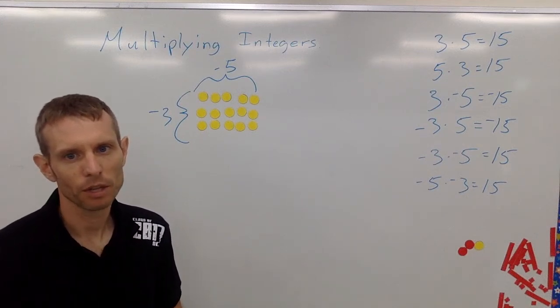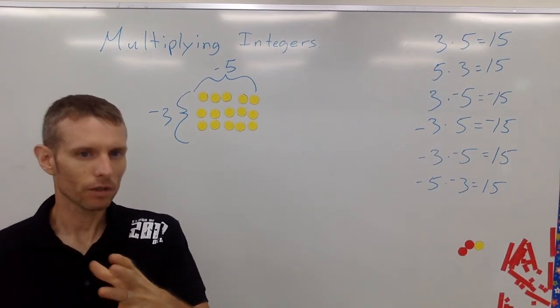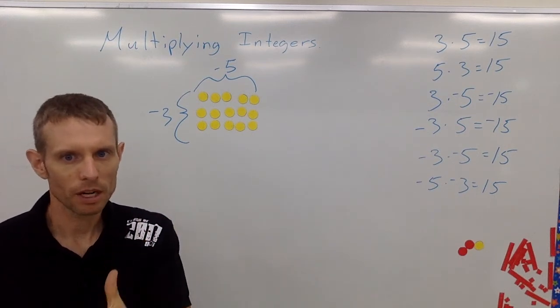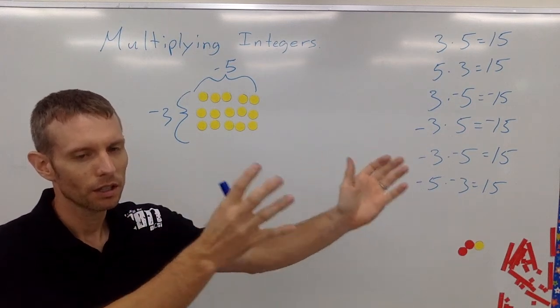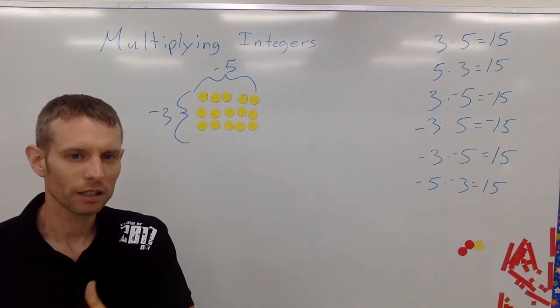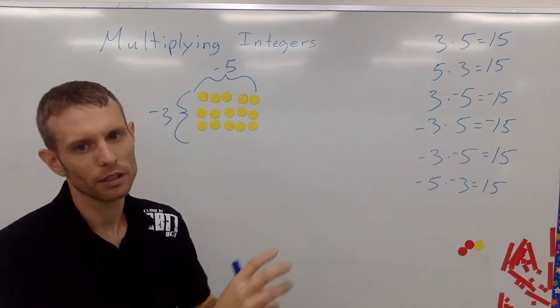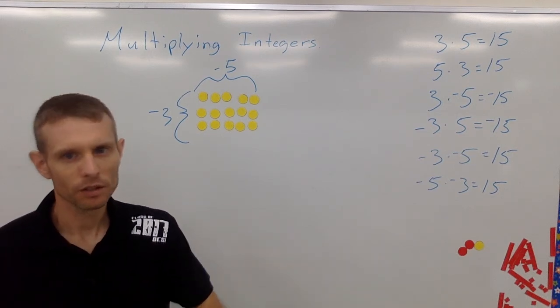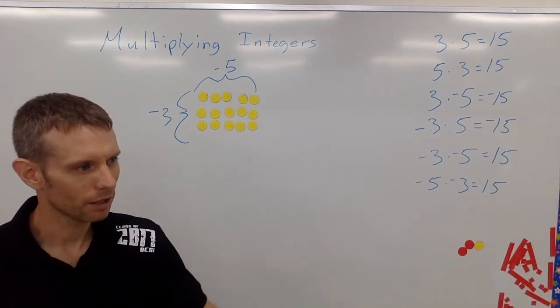And then if you're multiplying two integers with opposite signs, then the answer is negative. So positive times a negative is a negative, and a negative times a positive is a negative. So same sign, answer is positive; opposite sign, answer is negative.